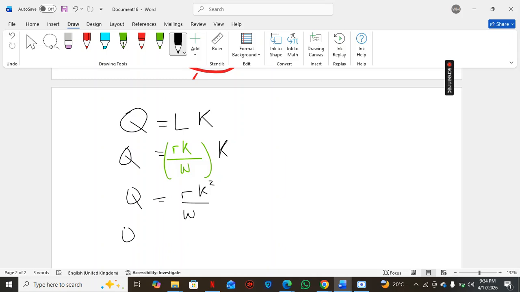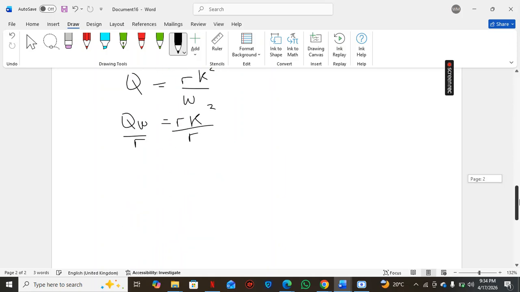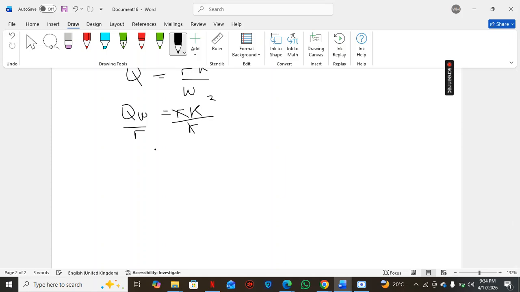Q times W, that is QW, equals RK squared. Okay, we divide both sides by R because we want to find the value of K. So we have K squared equals QW over R.